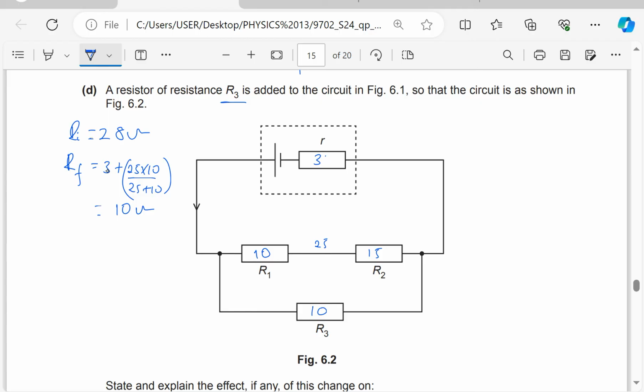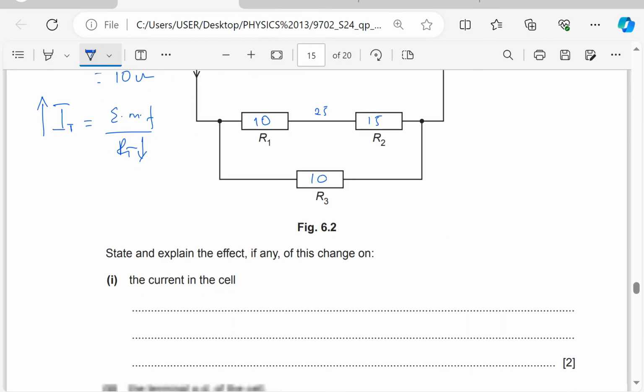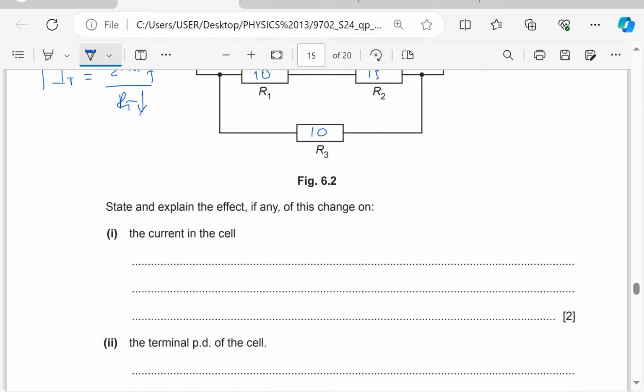Okay, so the total resistance has decreased. In other words, I just wanted to show you that total resistance decreases. So the total current through the battery, which is I total, is equal to the EMF divided by total resistance. Because total resistance has decreased, total current which goes through the battery must have increased. So the current in the cell increases.